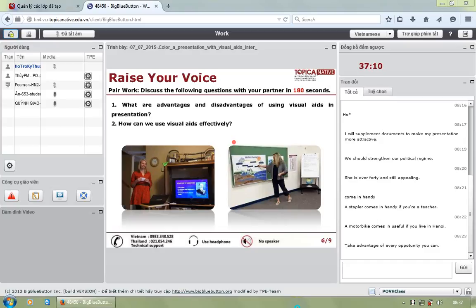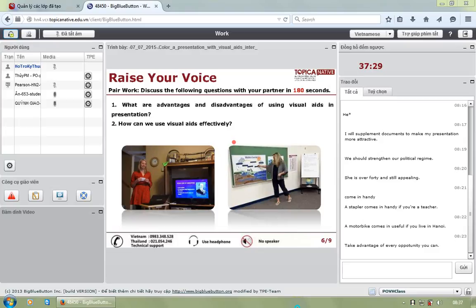And if you are a teacher teaching children, I think using visual aids is very important, because children are always distracted by things around them.